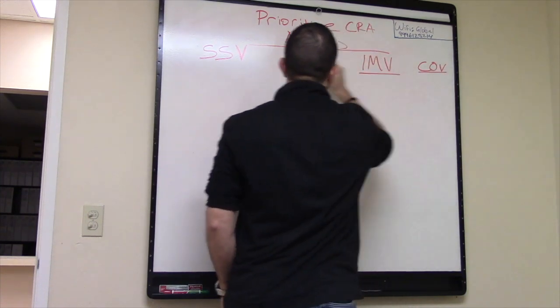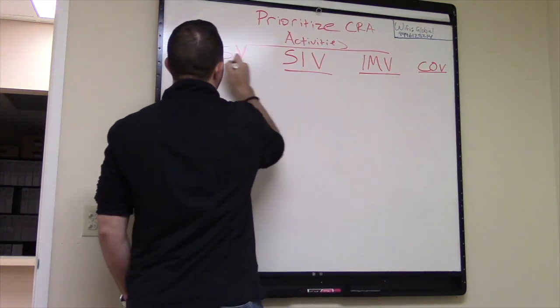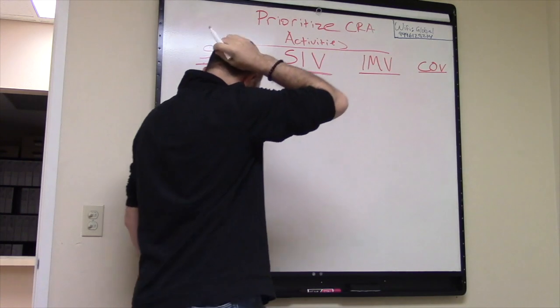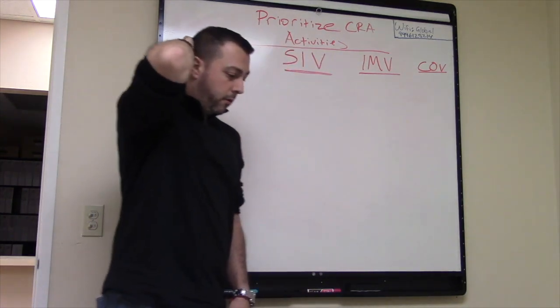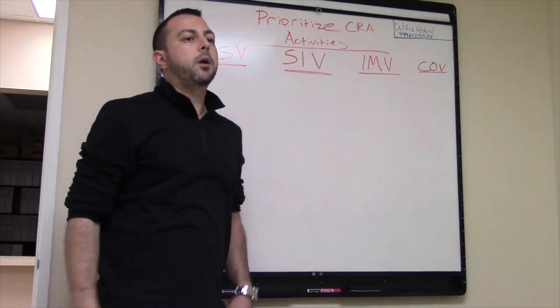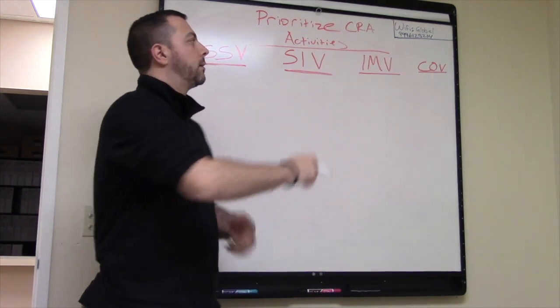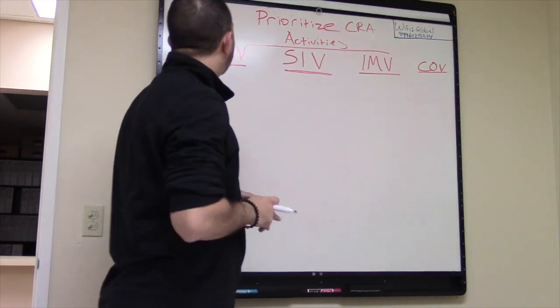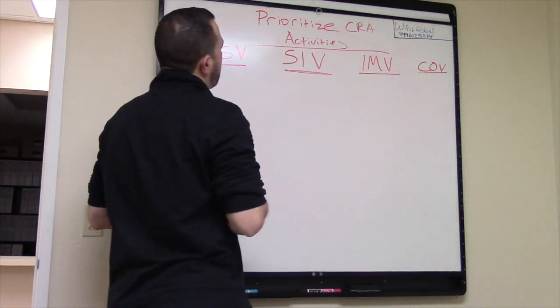These are the only things you're going to be doing on site as a CRA. When you're off site, you're doing query management and action item follow-up, but all the real work is done at these on-sites. So, how to prioritize.